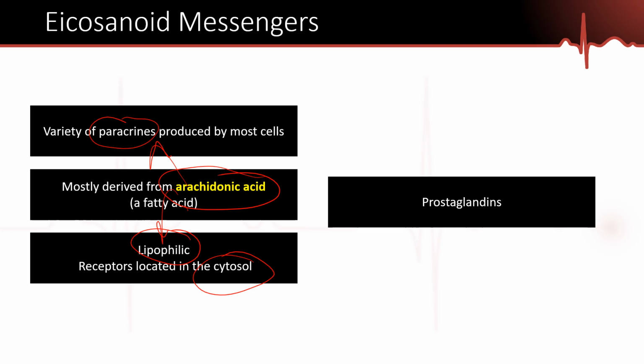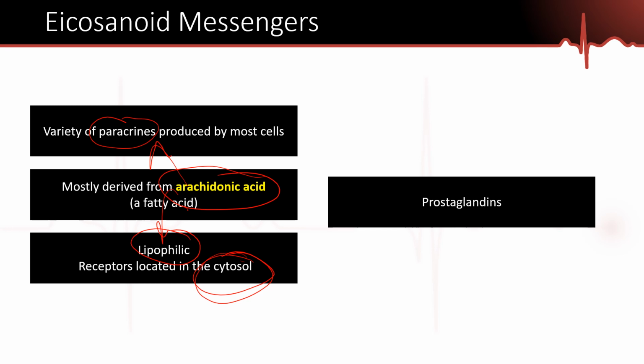Because eicosanoids are hydrophobic, they're nonpolar because they're formed from a lipid. They're made up of mostly hydrocarbons. That tells us that eicosanoids can rip right through the core of the plasma membrane and into the target cell. And then the receptor for the eicosanoids will actually be located inside of the cell itself, not on the plasma membrane.